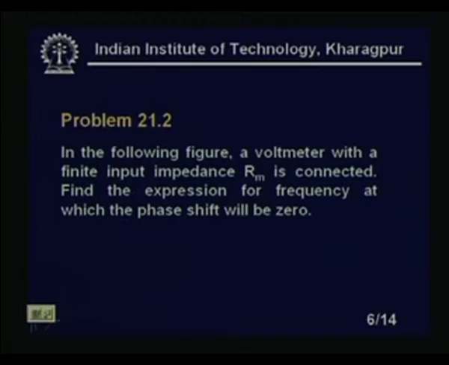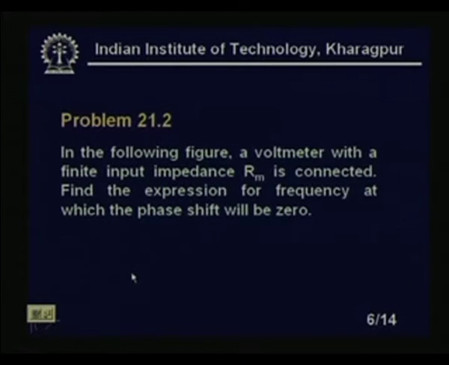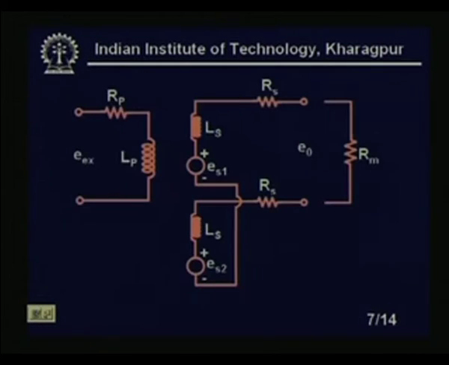Let us go now. This is our circuit. So, let us go back. You see, in the following figure, a voltmeter with a finite input impedance Rm is connected. Find the expression for the frequency at which the phase shift will be 0. Okay, this is our circuit.